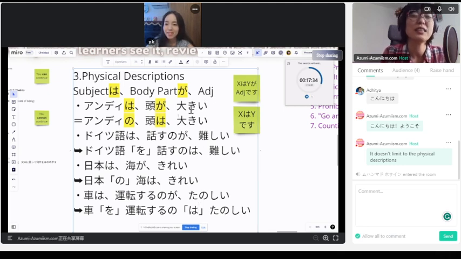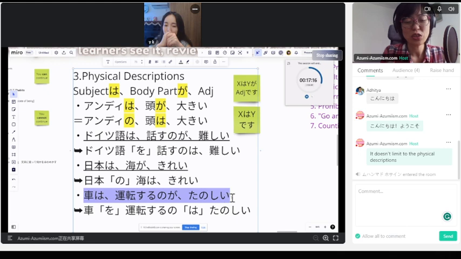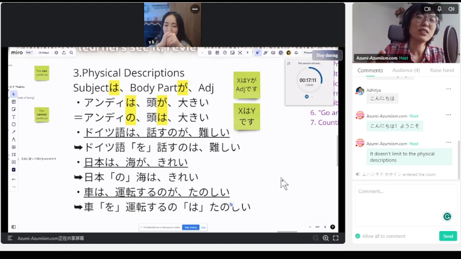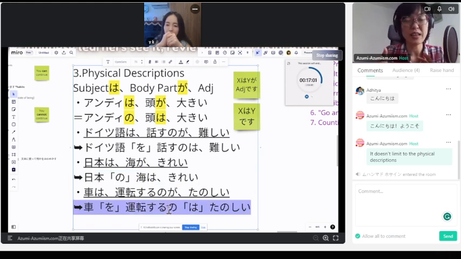What we can find here is that Japanese people love to use this wa ga adjective structure. ドイツ語は話すのが難しい。日本は海がきれい。車は運転するのが楽しい。If you get used to it, your sentences are more natural, but it doesn't mean it's wrong to say 日本の海はきれい。車を運転するのは楽しい。It's just a matter of which formation you choose.